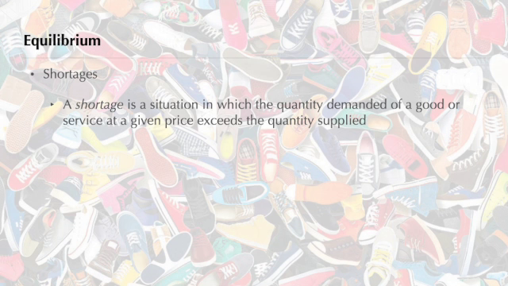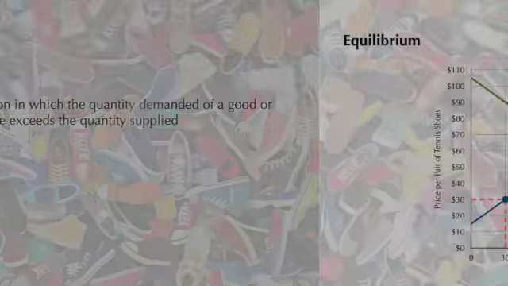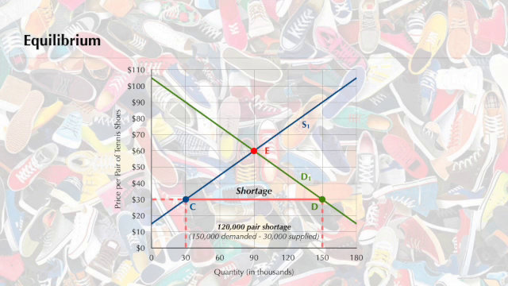A shortage exists when the quantity demanded exceeds the quantity supplied at the price offered. An example of a shortage appears here. Points C and D show what happens if producers decide to charge only $30 for their shoes.